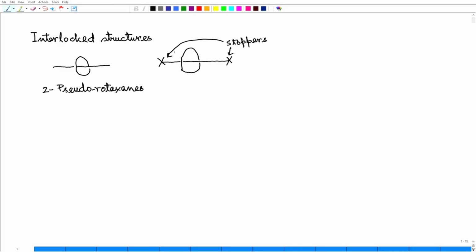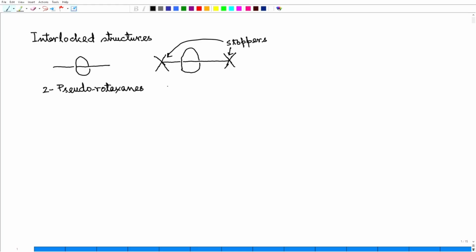So, here you can see that once the macrocycle is inside this rod, it cannot go out very easily. Maybe I can draw these stoppers a little bigger, to impress upon you that the macrocycle cannot go out. What is the name of this particular interlocked structure?